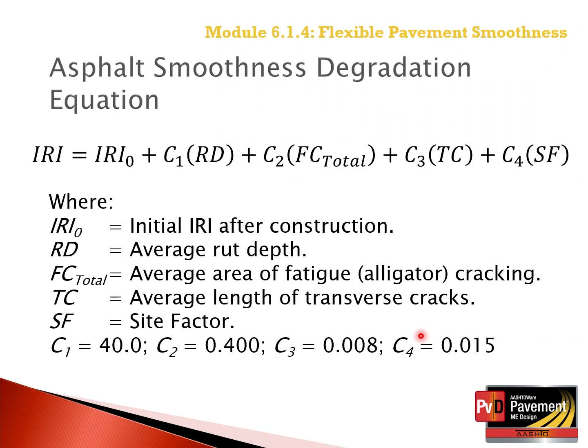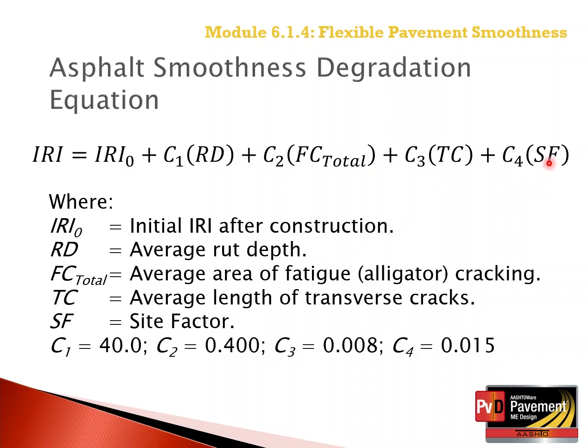The flexible pavement smoothness degradation regression equation is shown on this slide. The IRI is calculated using the average total rut depth, the average total area of fatigue cracking, the average length of transverse cracks, and the site factor.